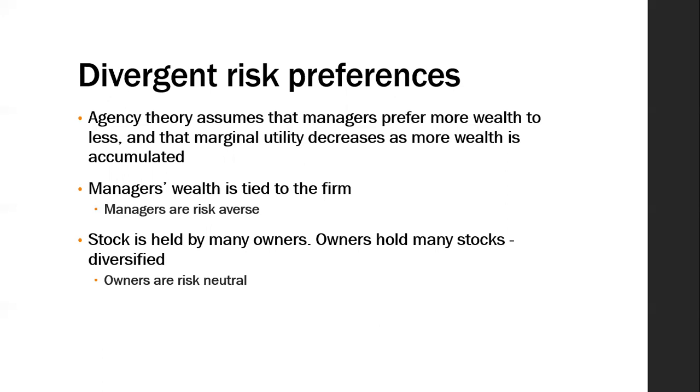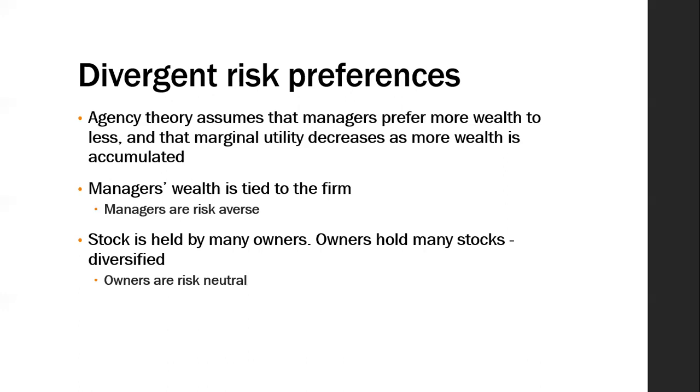Now, for managers, their wealth is tied to the firm. Why? Because if the company fails, they have no more salary. They will lose their jobs. So managers are usually more risk averse than stockholders, because a large proportion of their wealth is tied to the firm.